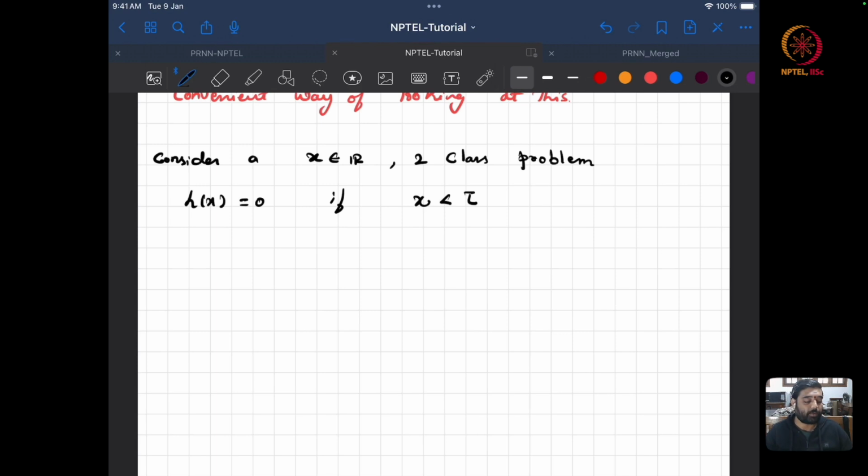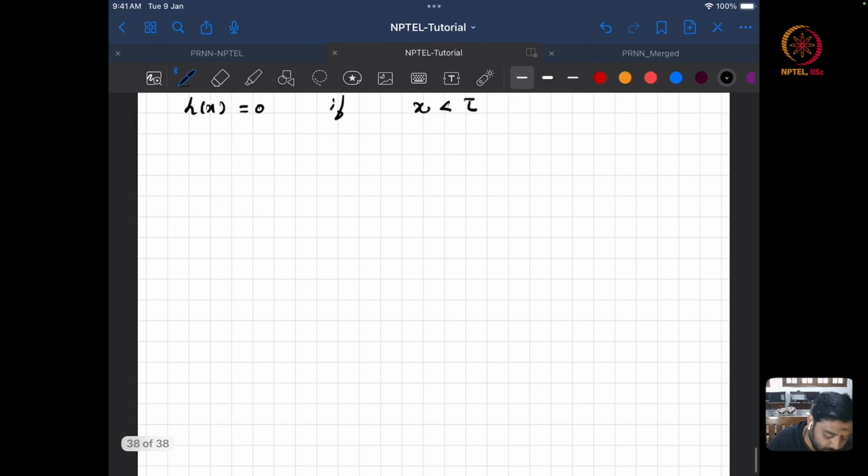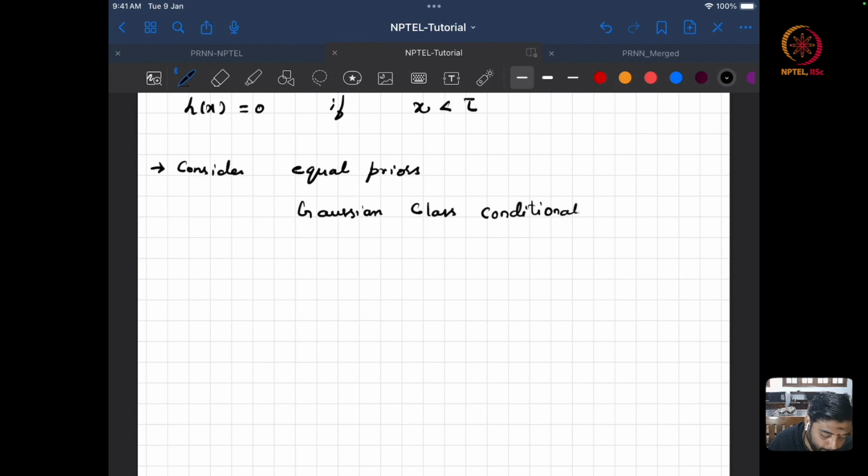I will consider equal priors, Gaussian class conditional densities with equal variance, and 0-1 loss.